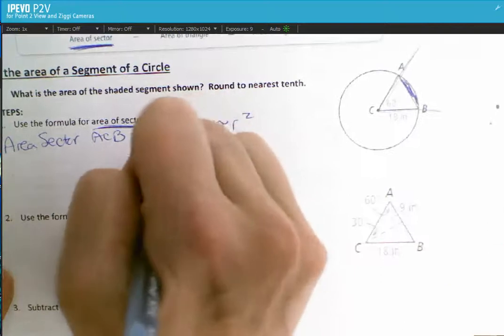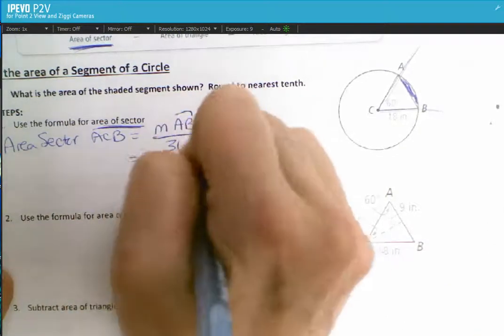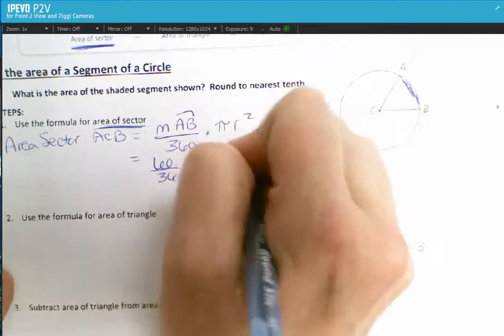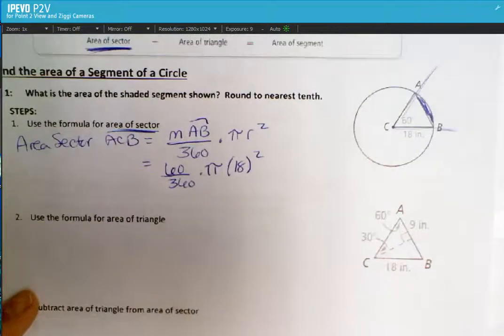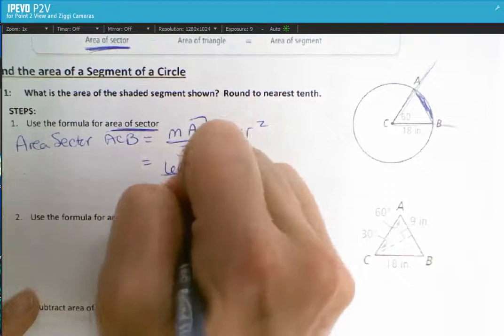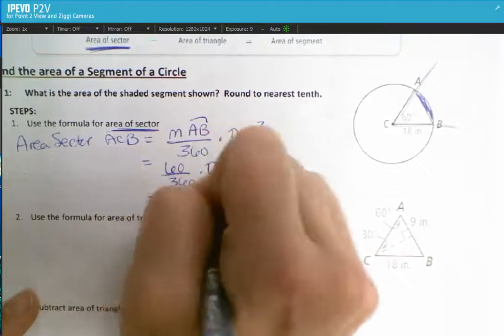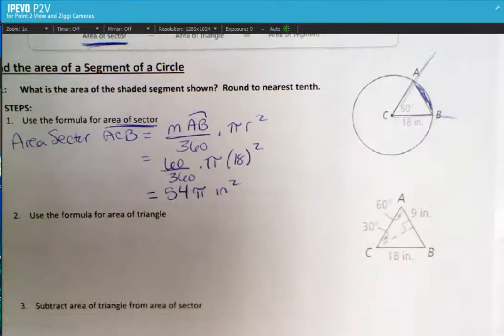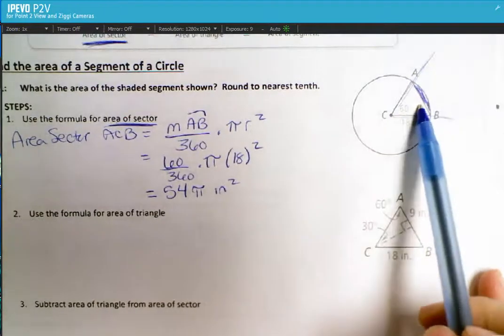So 60 over 360 times pi, and they gave us a radius of 18 squared. I use my calculator, make sure I have my algebra skills in place. I find that the area of the sector is 54 pi inches squared.